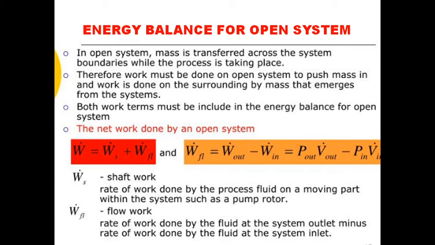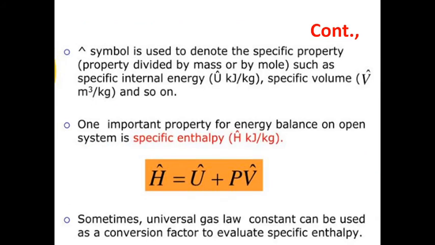Are you clear? Okay. The caret symbol is used to denote a specific property, such as specific internal energy, specific volume, and so on. This symbol is available on our system keyboard. This is the caret symbol, and it denotes the specific property.